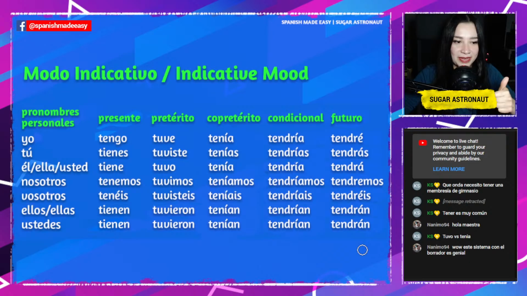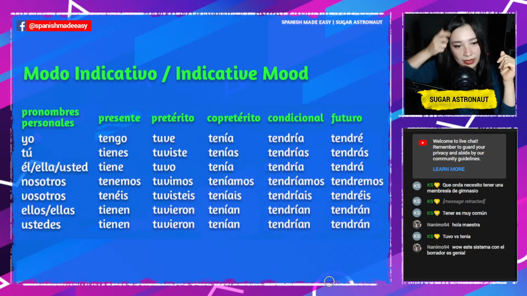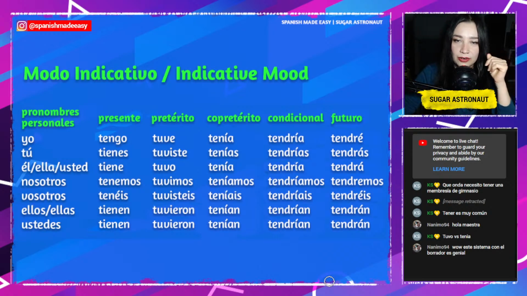A lot of information. Please feel free to take a screenshot of this so you have it on your computer. You can go over this information whenever you want, if you need to practice the conjugation of the verb tener. Okay, the next thing, guys, sorry. The next thing is the uses.